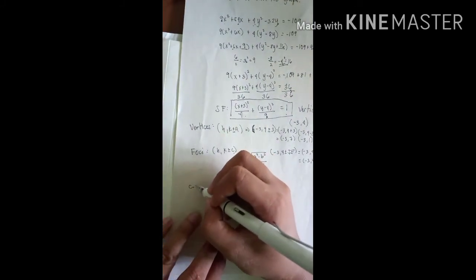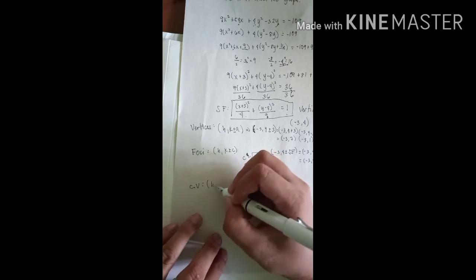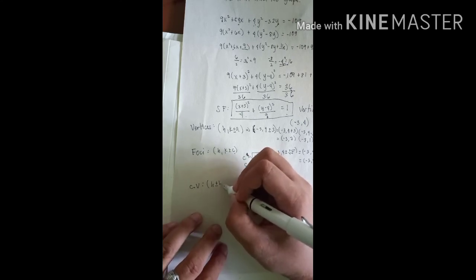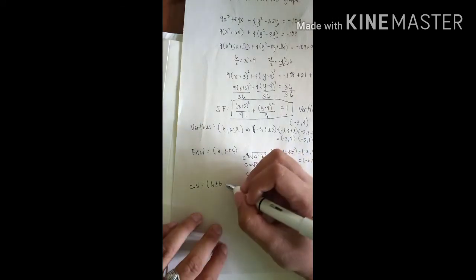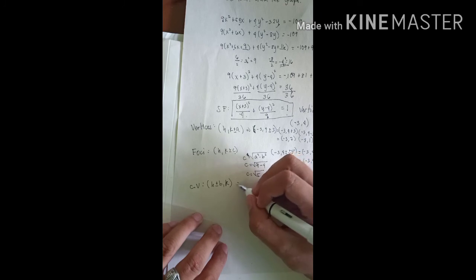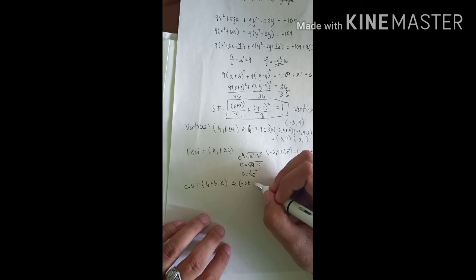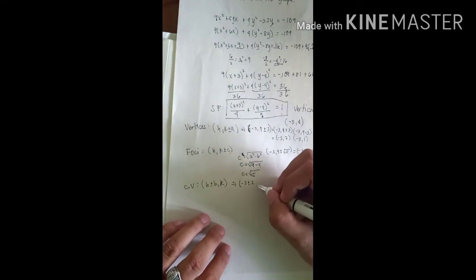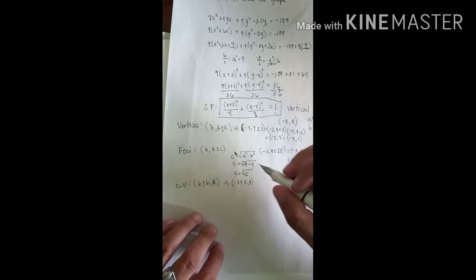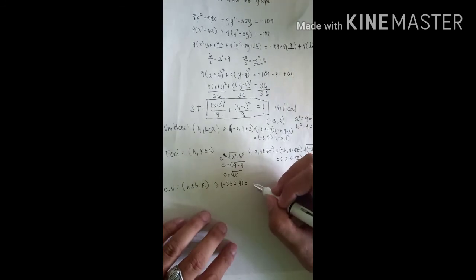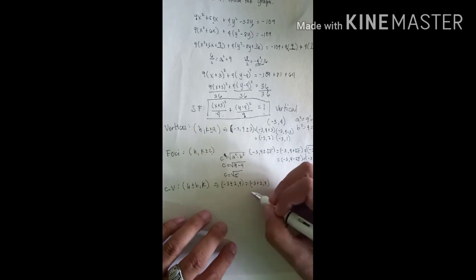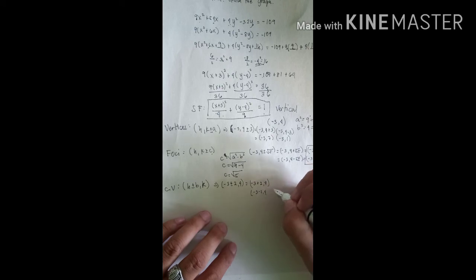Next, the co-vertices or the CV, that is equal to h plus minus b and k, that is negative 3 plus minus 2 and 4, that is equal to negative 3 plus 2, 4, and negative 3 minus 2, 4.